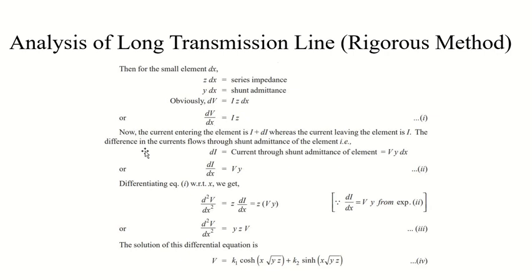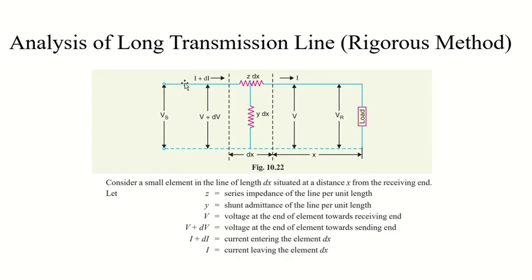Now the current entering the element, we already know, is I plus di, whereas the current leaving the element is I, right? See here, the current entering this element dx will be I plus di, but the current which is leaving my element is simply I. So the difference in the current flow through the shunt admittance of the element will be nothing but di, right?